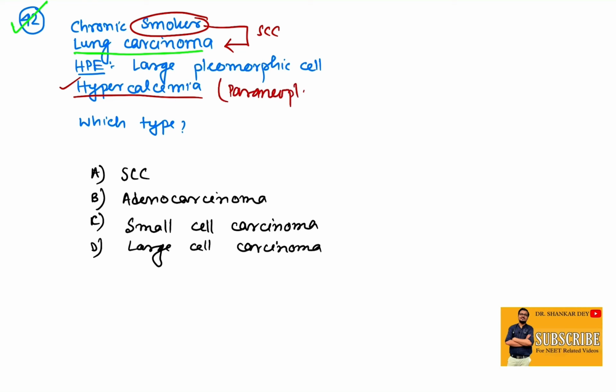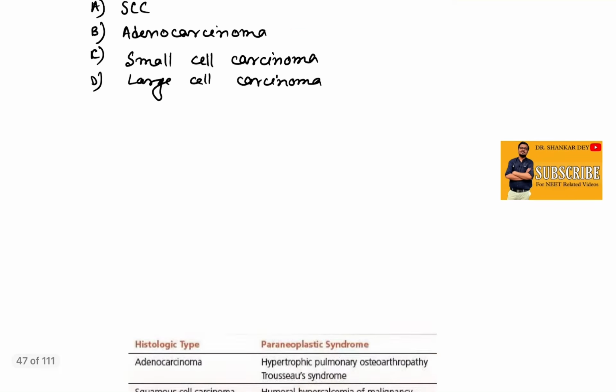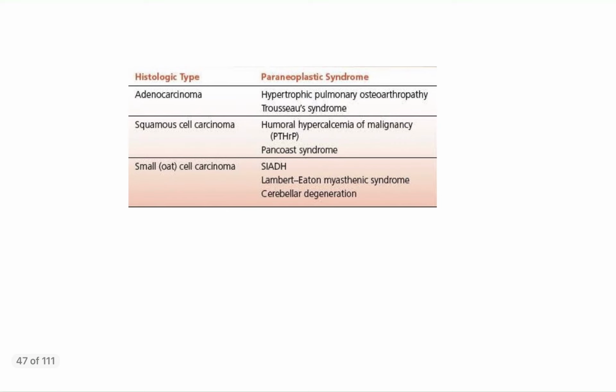So hypercalcemia is paraneoplastic manifestation of squamous cell carcinoma. As you can see here in this chart, squamous cell carcinoma's most common paraneoplastic manifestation is hypercalcemia because of secretion of PTHrP or parathyroid hormone related peptide. So the answer will be squamous cell carcinoma.